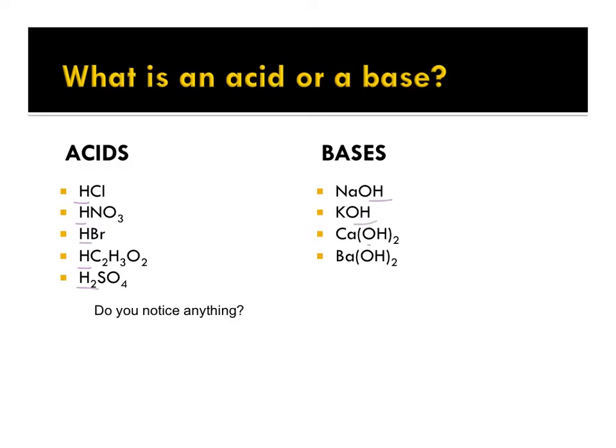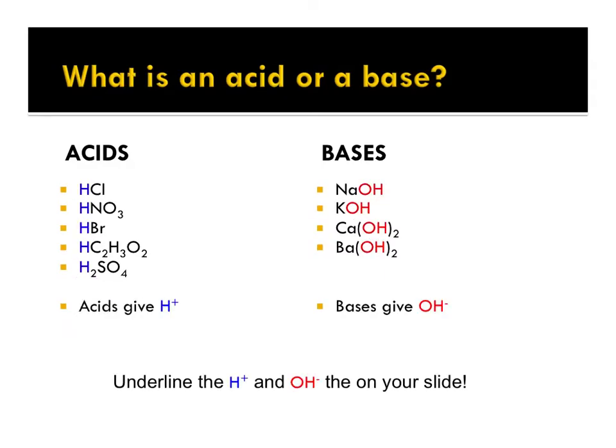Bases have an OH present, and that really indicates what is an acid and a base. It's the production of these H's and these OH's when we involve these with water. So acids give H+, bases give OH-, and you can see that they're highlighted here.